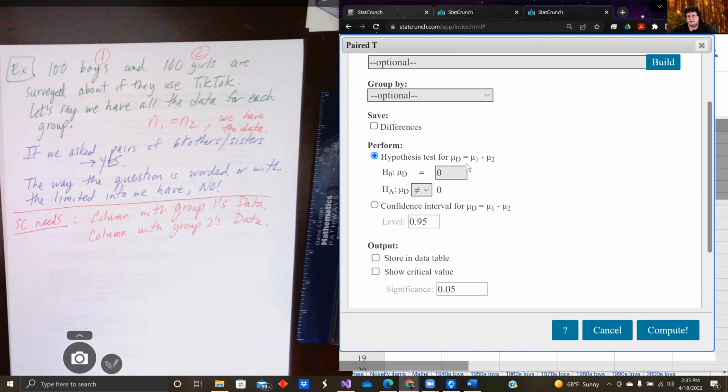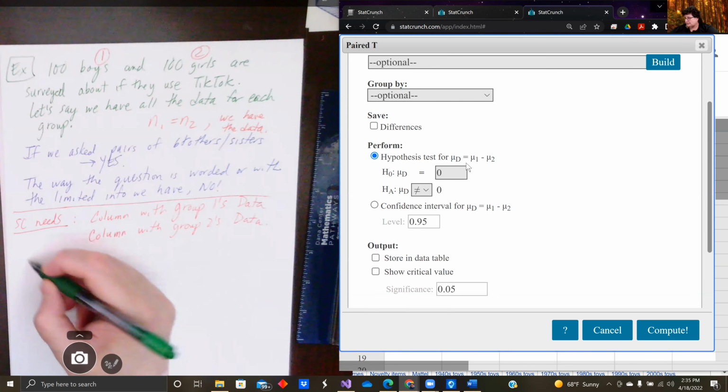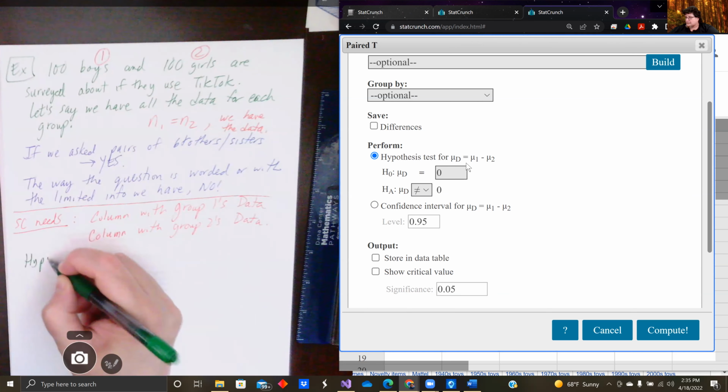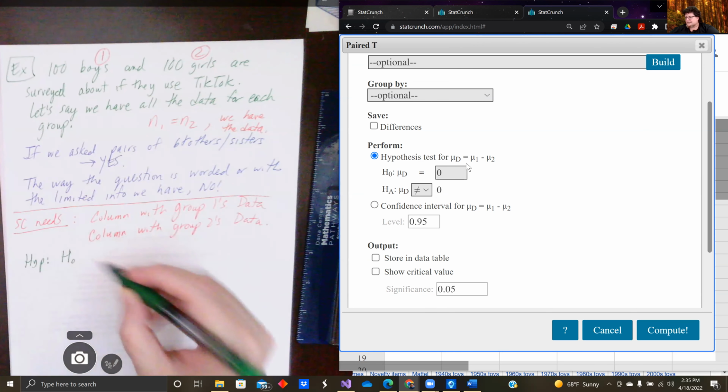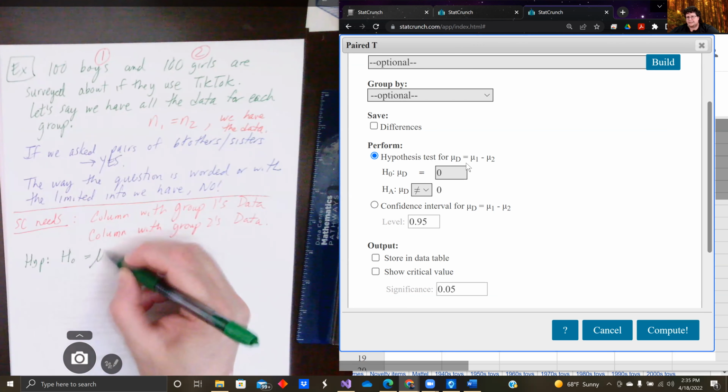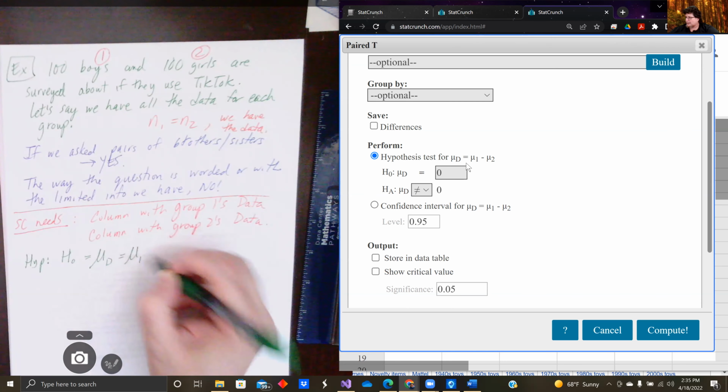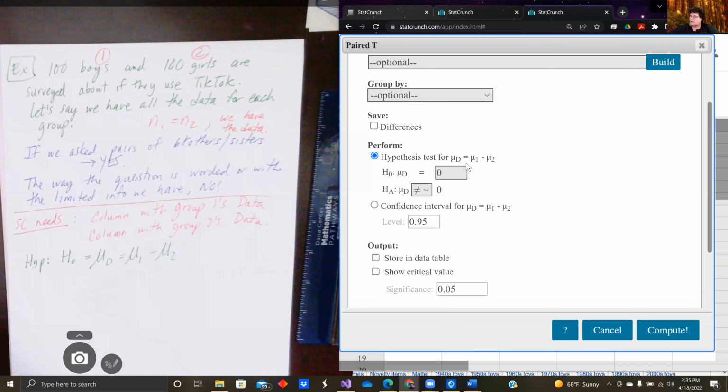It says the hypothesis test. It gives H naught. It says is mu D equals mu1 minus mu2. This is very similar.